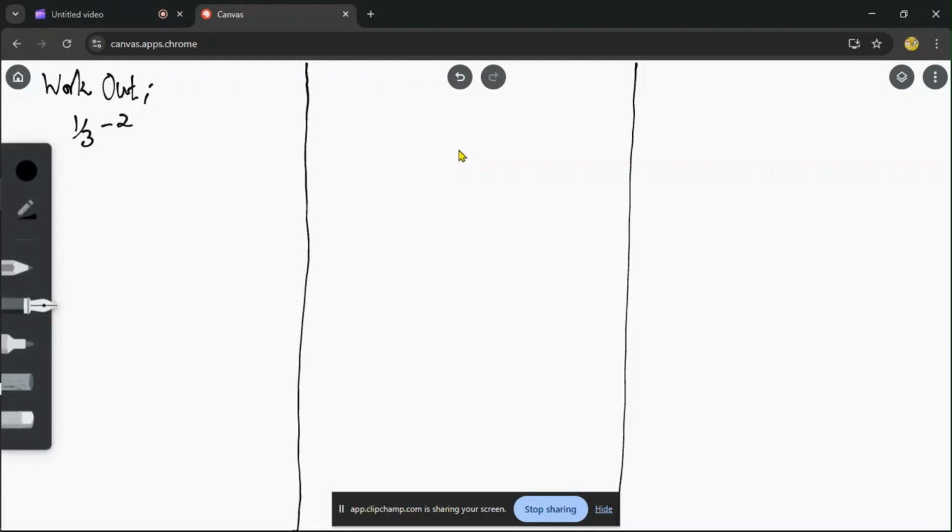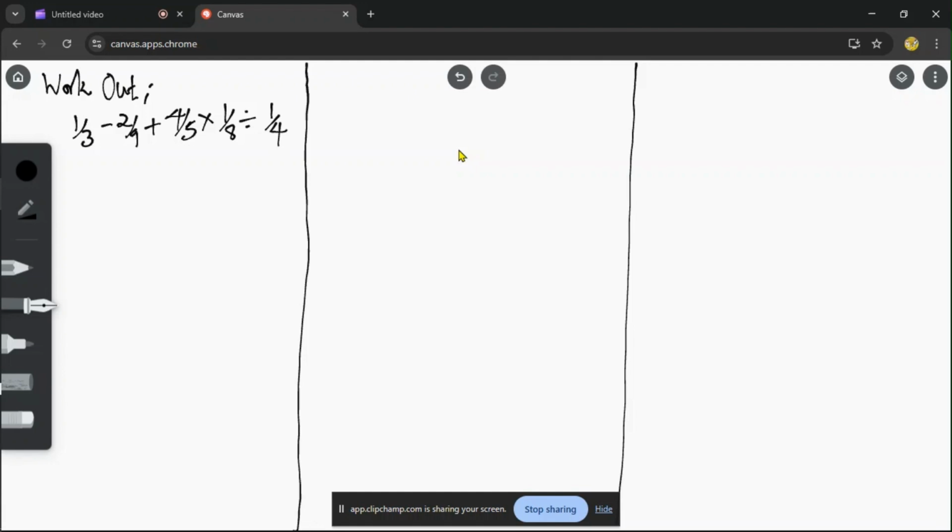We are subtracting 2 all over 9, then plus 4 all over 5. You multiply by 1 all over 8, then you're dividing by 1 all over 4. So this is what we had.